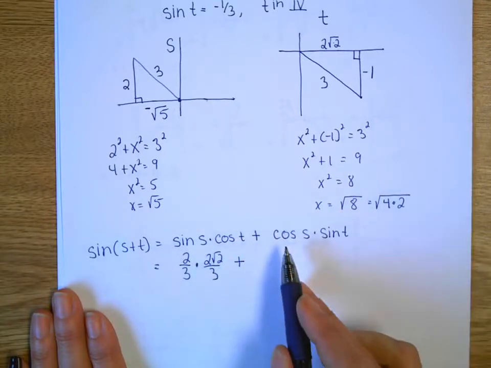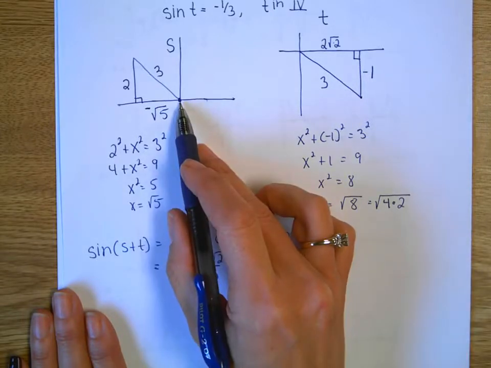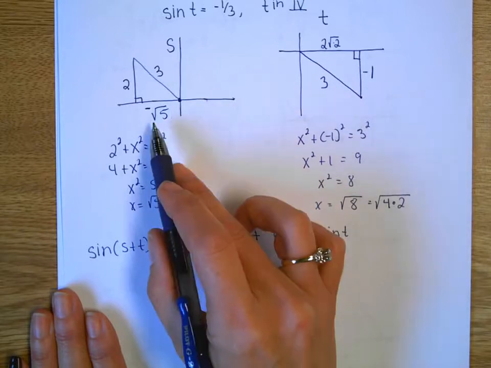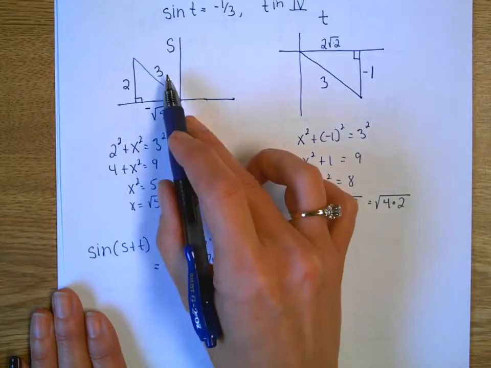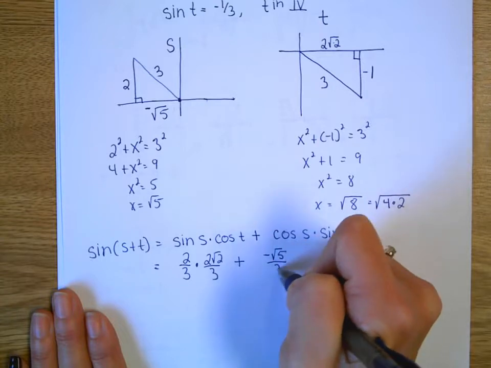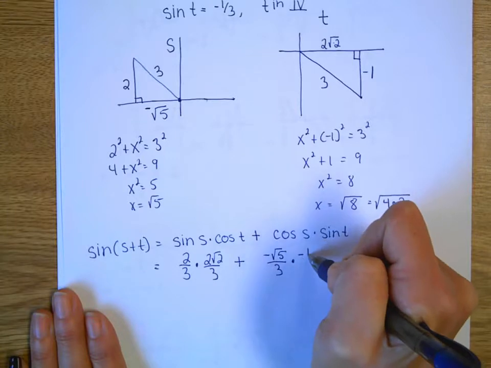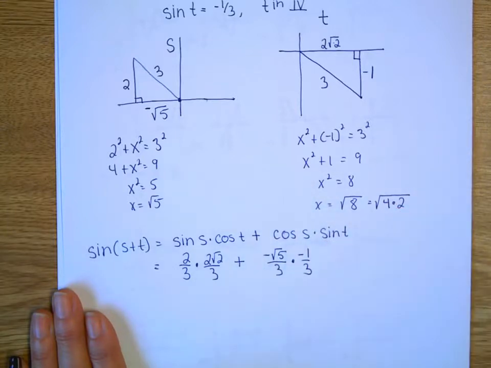Plus, now I want the cosine ratio from the S angle. So I go over to the other one. Cosine is negative square root of 5 over 3, times the sine of t, which is negative 1/3. That was given. And so now it's multiply and then add.